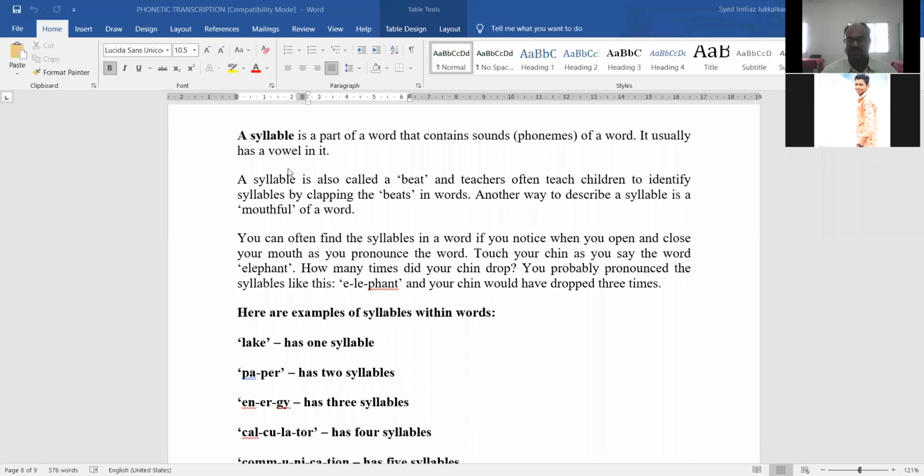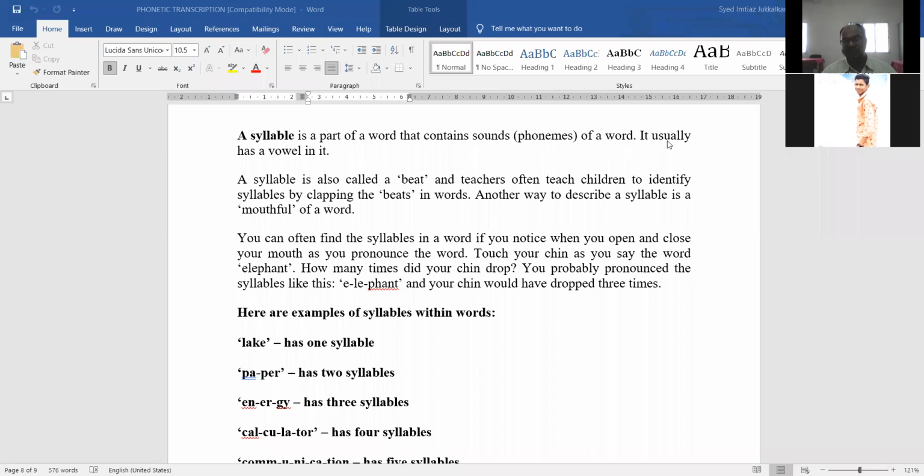When we study words, we know that a prefix, suffix, these are important. We should know to form new words. In the same way, in pronunciation, we should know syllable. Syllable is a part of a word that contains sounds.